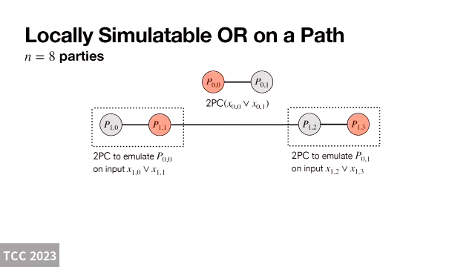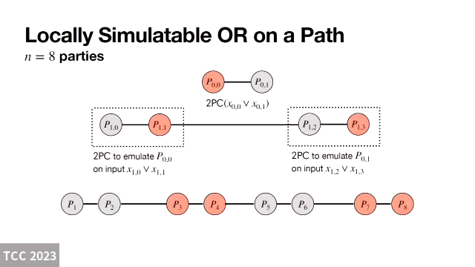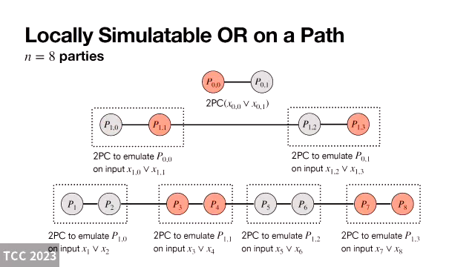And we'll do the same thing for the 2 nodes on the right. And in fact, we can keep doing this recursively. So for n equals 8, we'll just use the first 2 real parties to emulate the party in this 2PC. Okay, and so on.